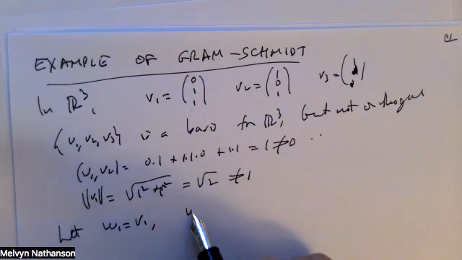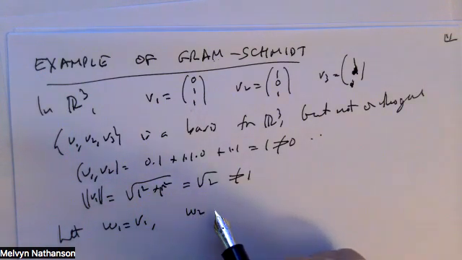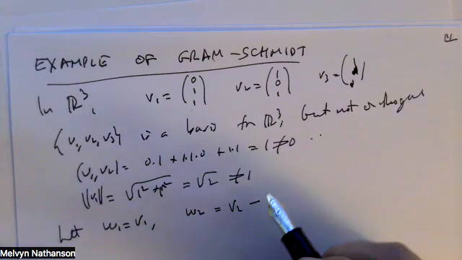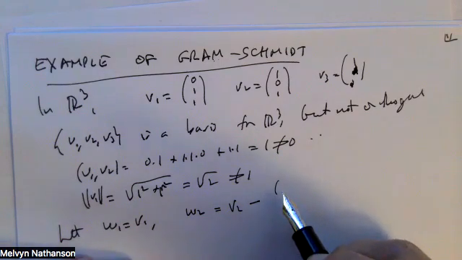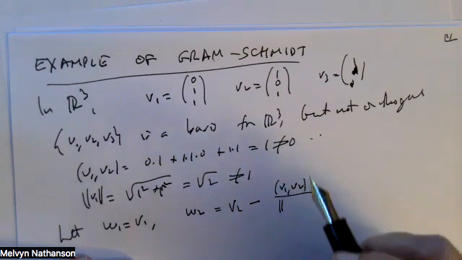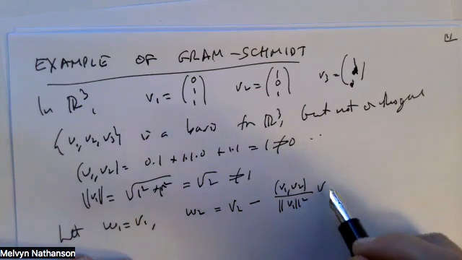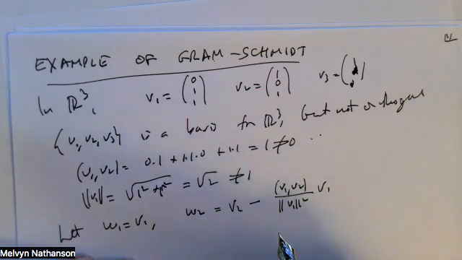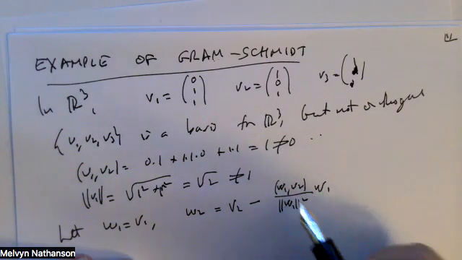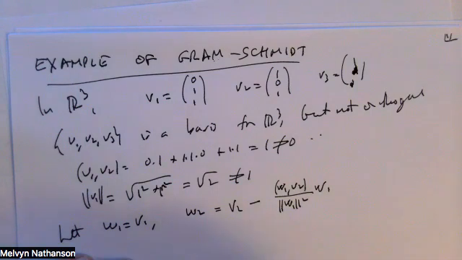And W2 is going to be V2 minus the inner product of V1 and V2 divided by the length of V1 squared times V1. Or I can do this with W1, the same thing, W1 squared. What is this equal to?